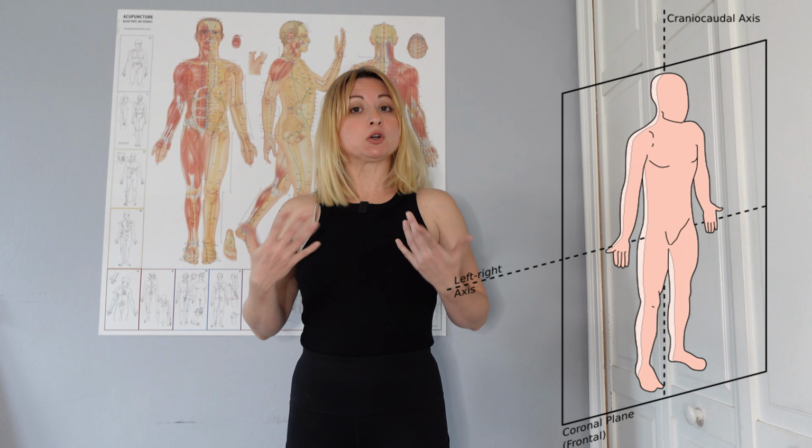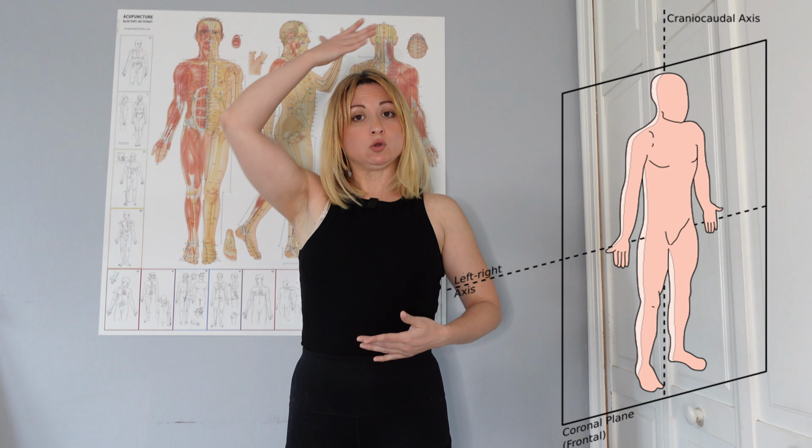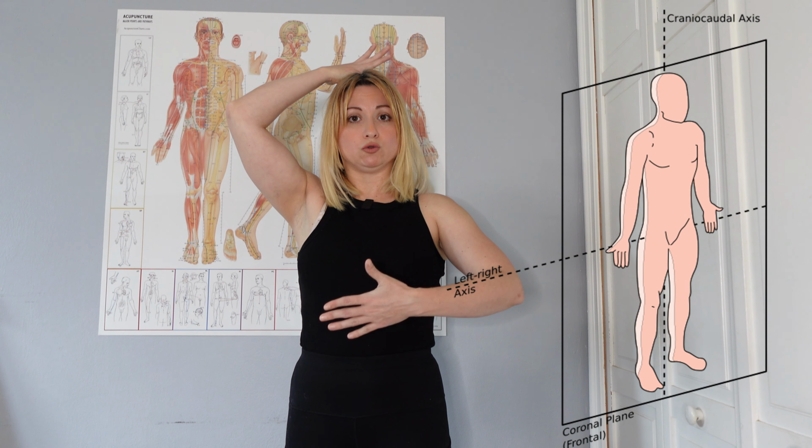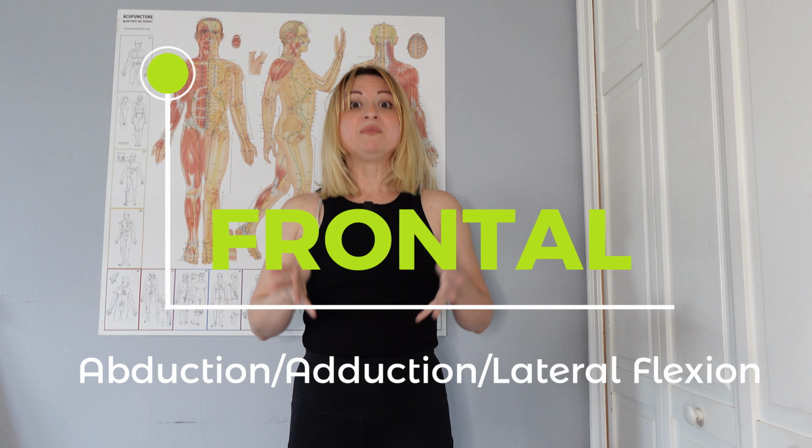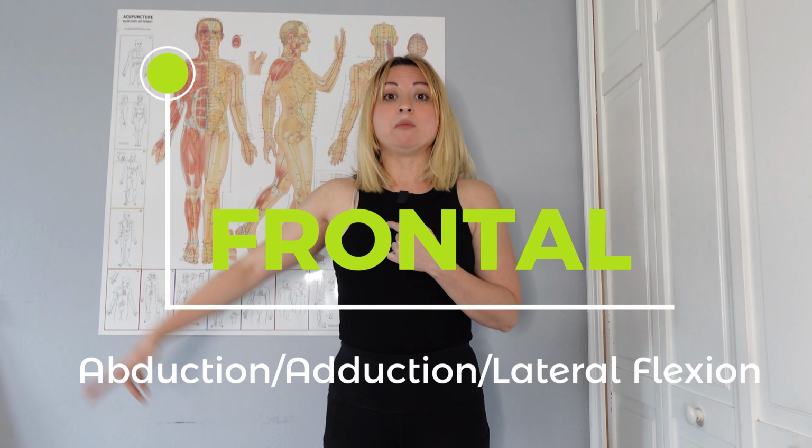Now we're moving on to the frontal plane, also known as the coronal plane. The frontal plane divides the body into the front and back, anterior and posterior, or ventral and dorsal aspects. And the only types of movement that happen within this plane, frontal or coronal plane, are abduction, that means moving away from the midline.